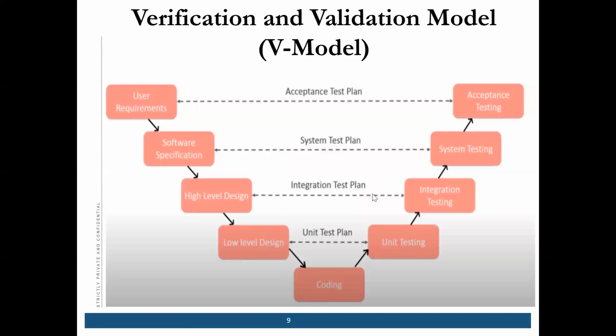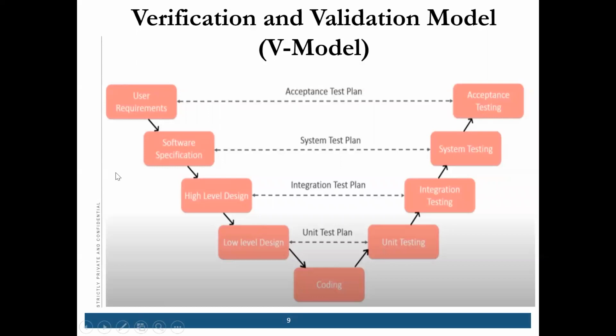Now the next phase is your architecture phase. In this phase, based on your high level design, the software architecture is created. These modules have their own relationships and dependencies. Architecture diagrams, database tables, and technology details are all finalized in this phase.